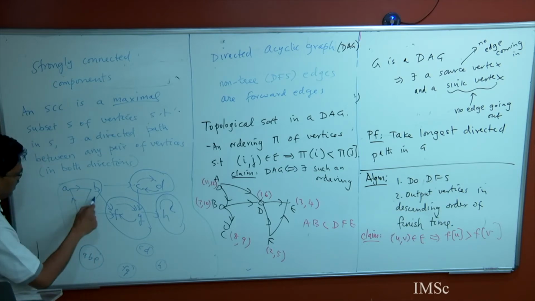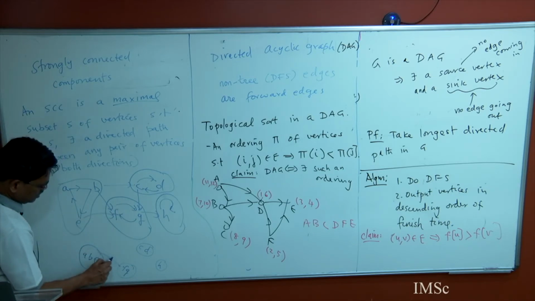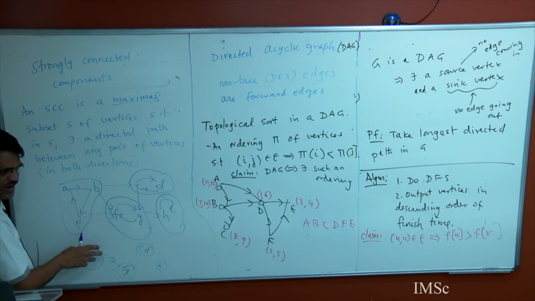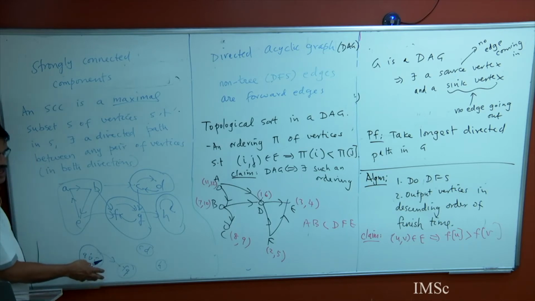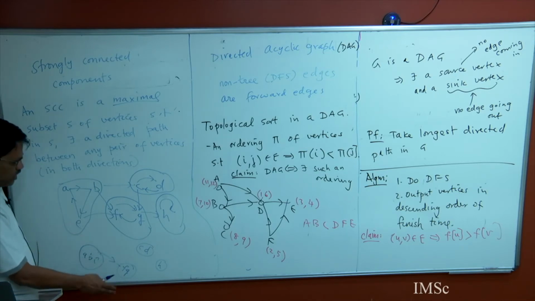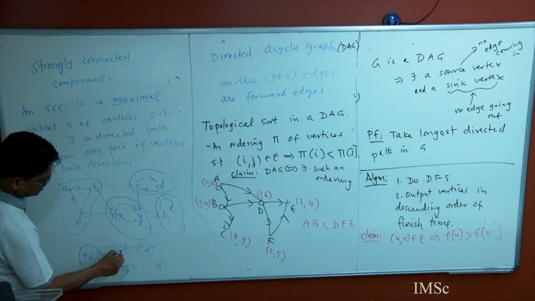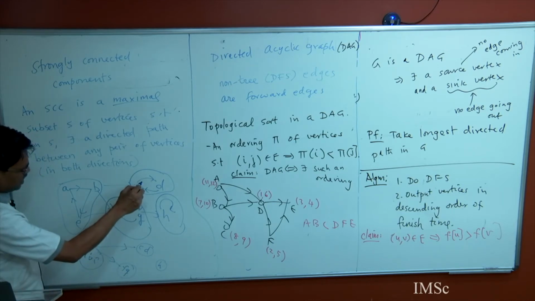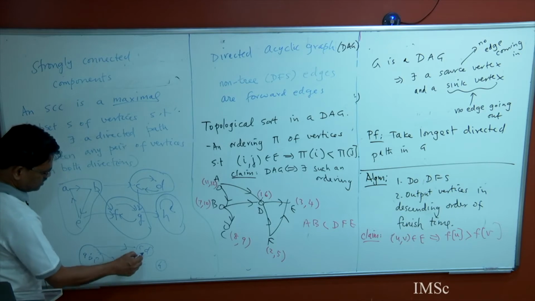So for example, between ABE and FG there are two edges, but they are all going in one direction. And I claim that this must be the case: if you take any two components, if at all there are edges, they must be going in one direction only. Okay, so ABC and CD, there is an edge in one direction. Between CD and H, there is nothing, but between CD and FG, there is one edge, but it's going in this direction.